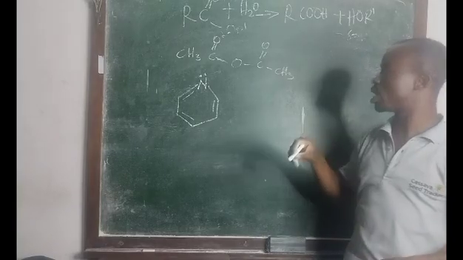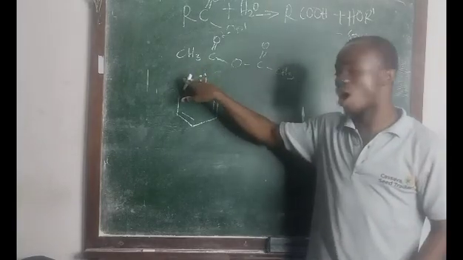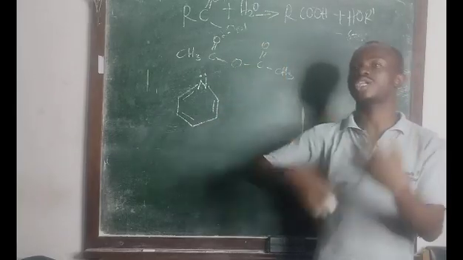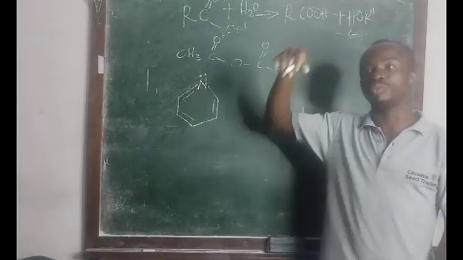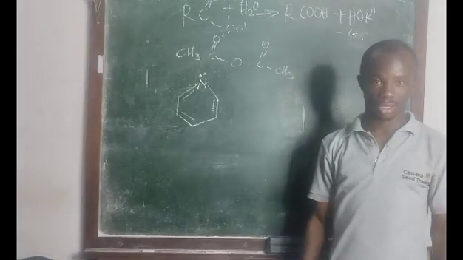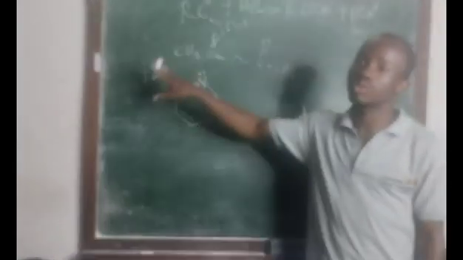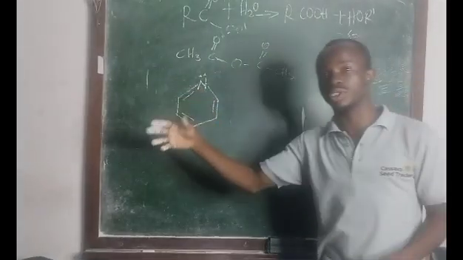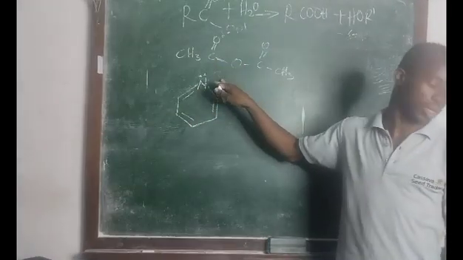By the time this one attacks this, we are not going to have a transient bonding. Bonds will be formed, and that's what makes the difference between electrostatic interaction and nucleophilic interaction.